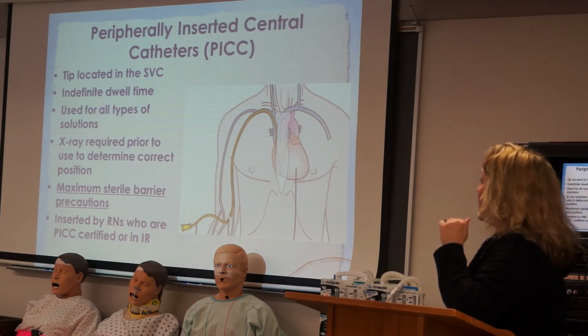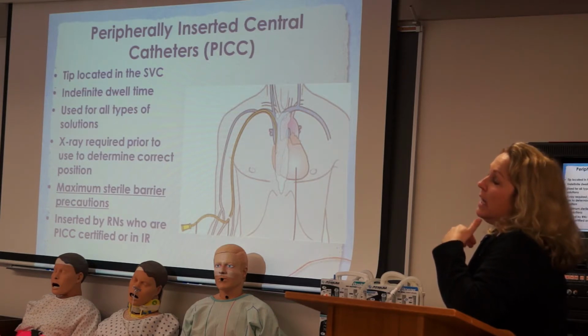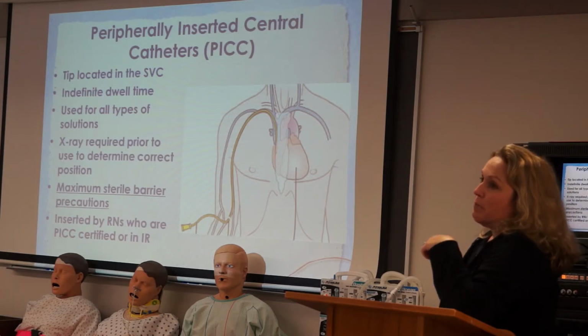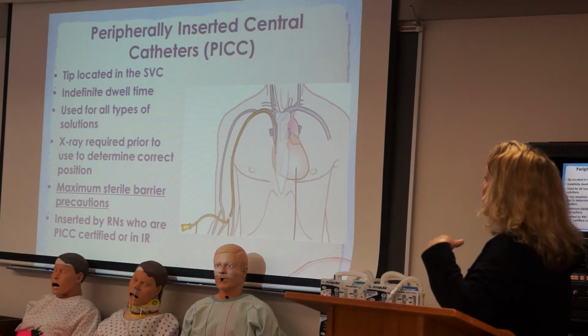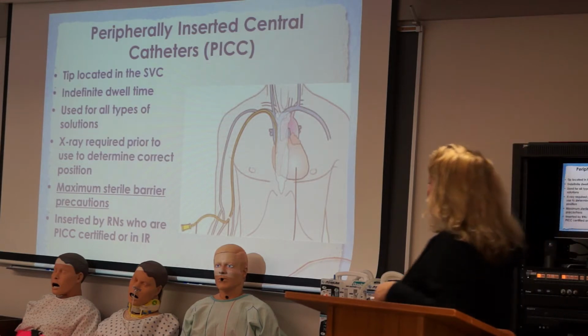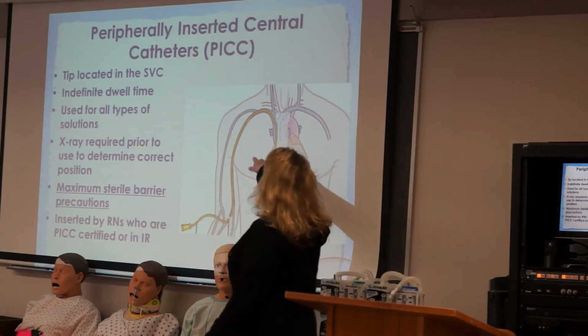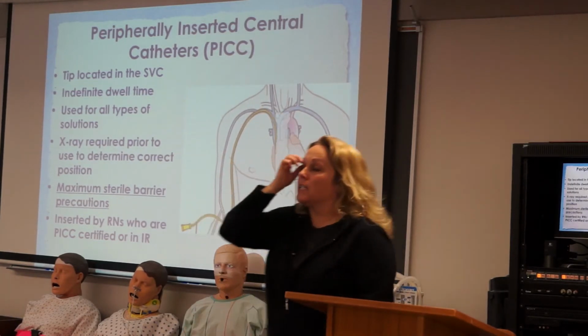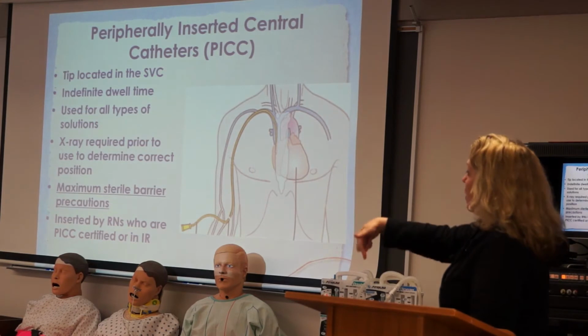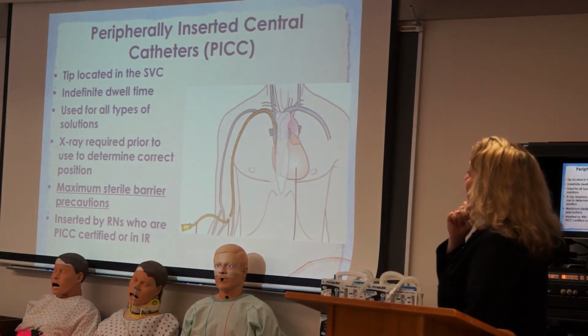These can be put in by specially trained nurses, or they can be put in IR. Sometimes in IR, it's not just the IR physician, but physician assistants that can put these in as well. But you do have to have an X-ray to confirm placement on these. A lot of times what happens when these are put in is they'll flip, and they can go up the neck. So you have to have an X-ray to confirm that you've actually gone down into the SVC.